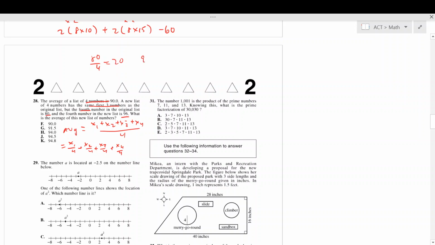But now it's 96, right? 96 over 4 is 24. So now it's contributing 24 to the average. That's an extra 4 points contributed to the average. So the original average was 90, and nothing else changed. We're contributing an extra 4 to the average, so now it's 94.